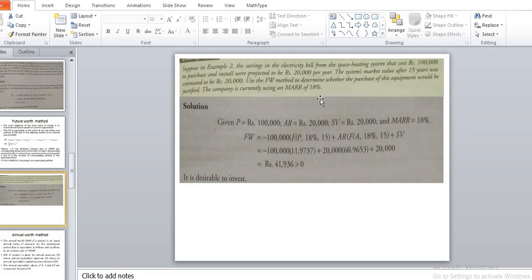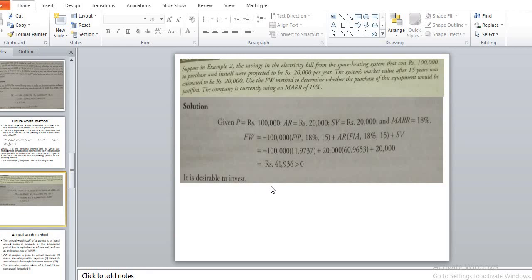They ask us to calculate the future worth value and accordingly justify whether this project is desirable or undesirable.